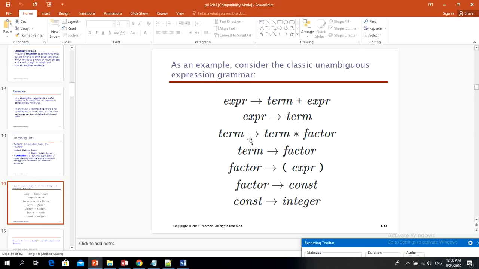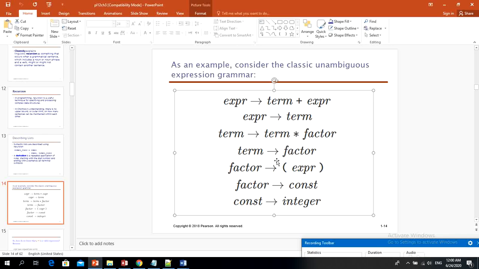That means the term itself can imply or expand into term multiplied by factor. Again, term could mean just factor. A factor could expand into an expression between two parentheses.